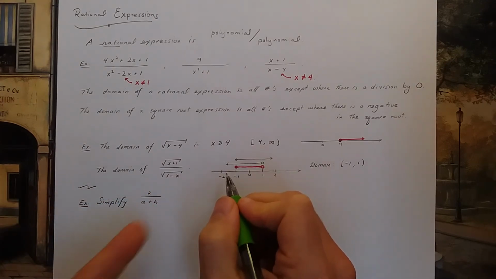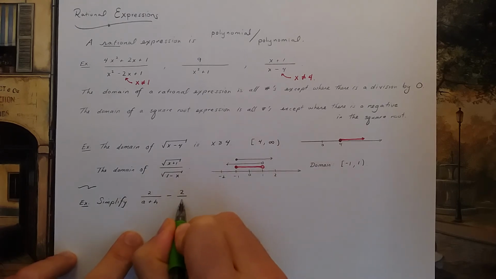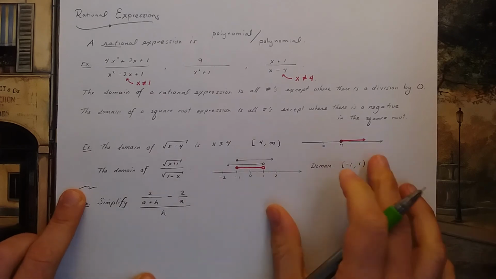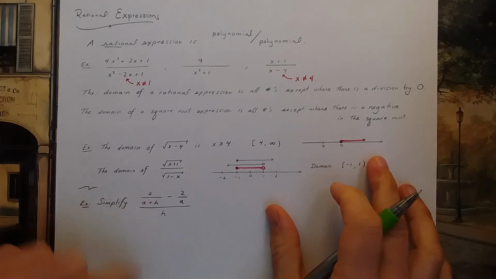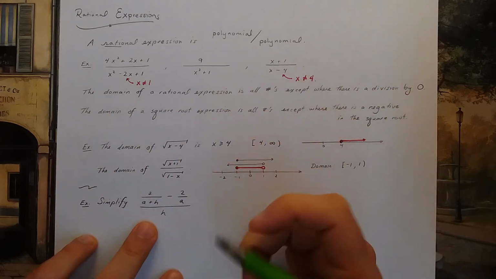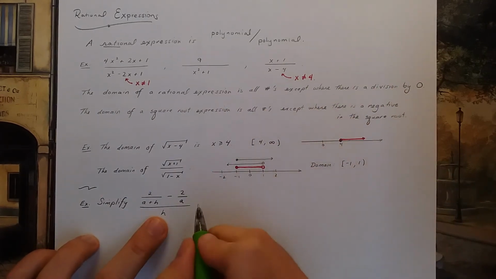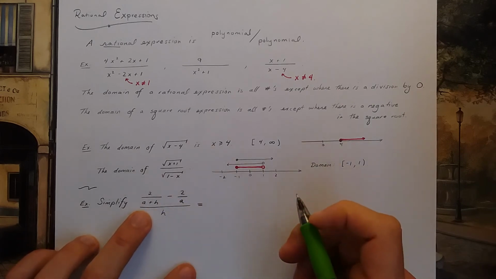Maybe a is a number and h is my variable. Minus 2 over a, all divided by h. What I wanted to do in this example was simplify an expression that has fractions within fractions. I personally don't like fractions, and I really don't like fractions within fractions. So I'm going to show you how to simplify this and make it look a little bit nicer.